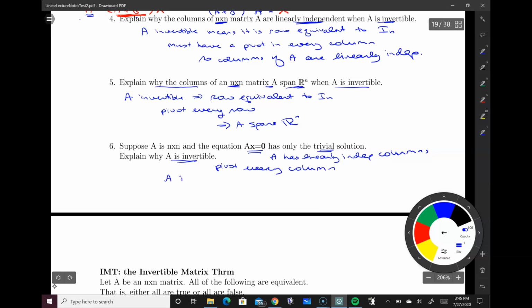And since A is a square matrix, that must mean there is a pivot in every row. And what that means is that it's equivalent to In, the identity matrix, and that must mean it's invertible.